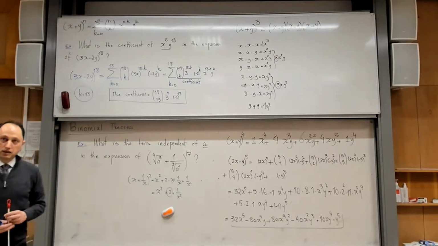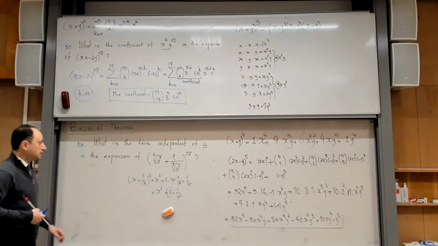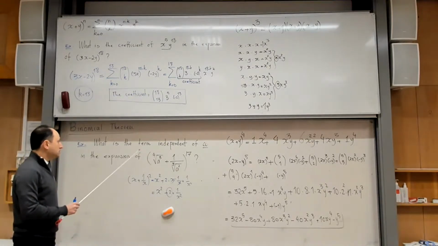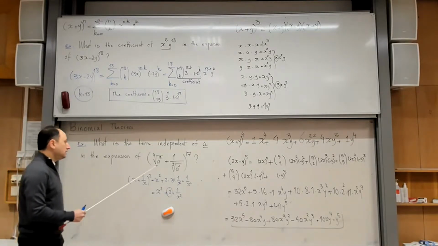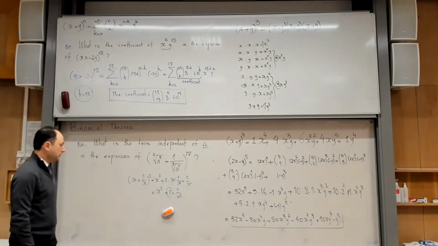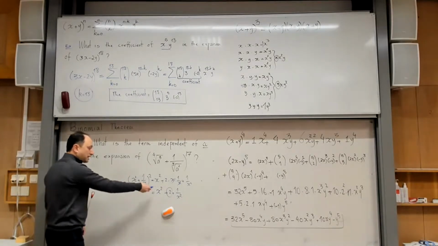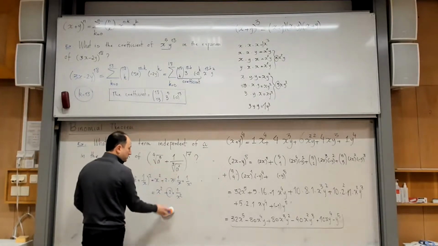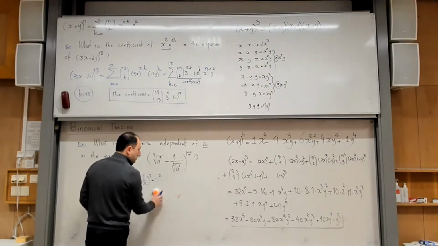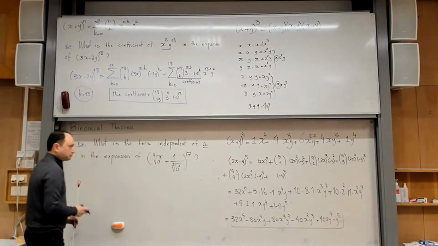That's what I mean for this more complicated expression. So I want to see what is the term independent of A, if any, in this expression. Because, for example, here, if I choose x to power 2, I will not have such a term independent of x. But if I have done it right, there should be a term independent of A in this expansion.